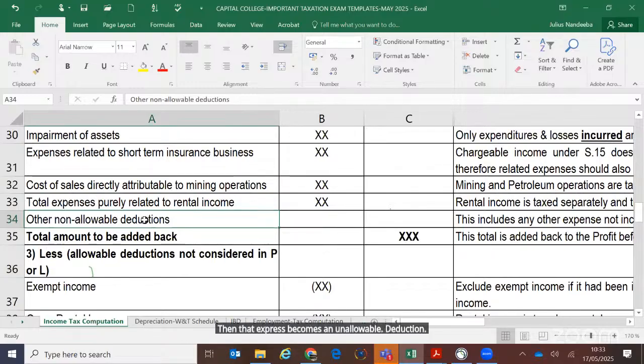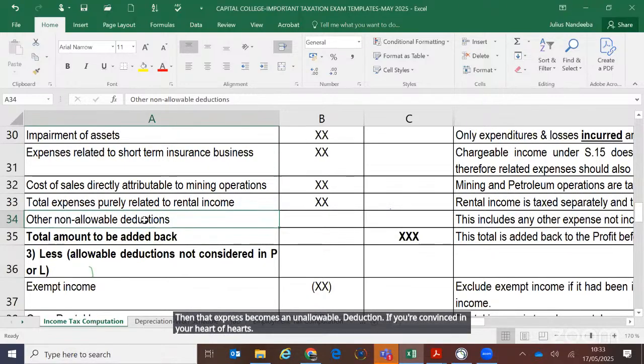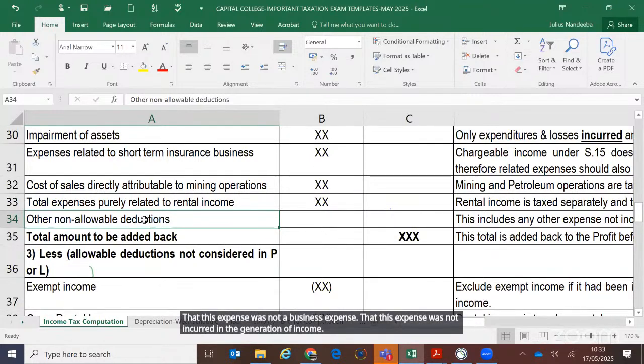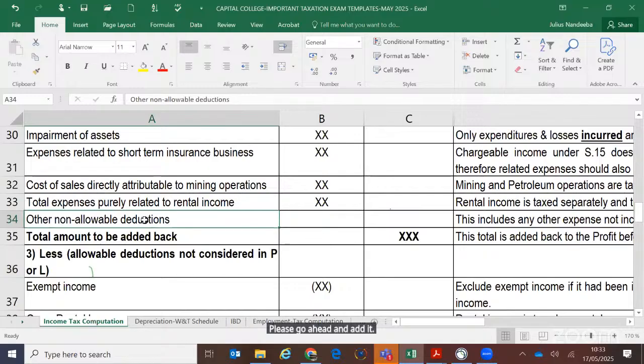If you're convinced in your heart of hearts that this expense was not a business expense, that this expense was not incurred in generation of income, please go ahead and add it back, because that is the general principle. We are done with the expenses.